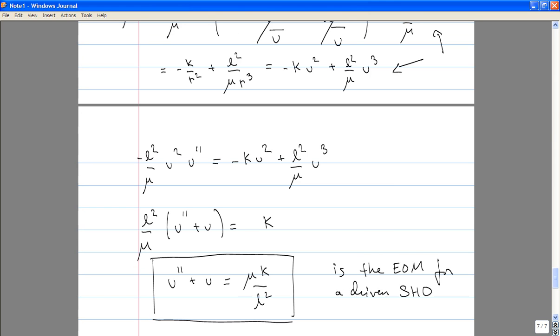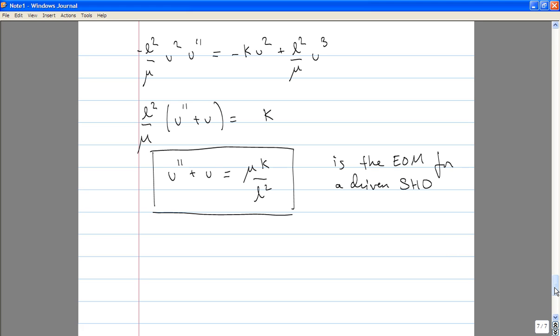So now we can just write down the solutions. So u as a function of phi, remember I'm using phi as my dependent variable here, not t. Well, there's the homogeneous solution to the equation of motion, a cosine phi, plus a particular solution to the equation of motion.